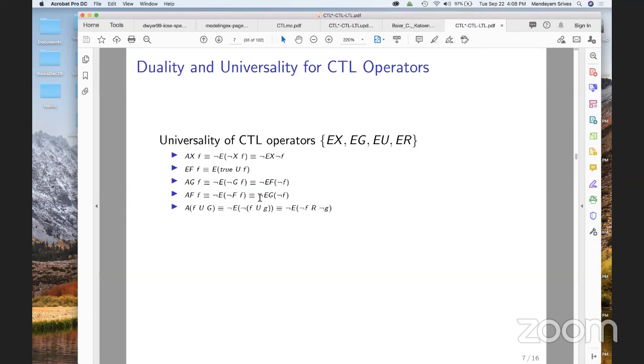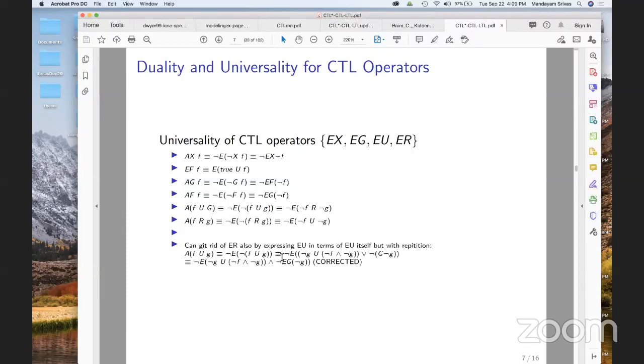So AF once again can be reduced to EG in this fashion. AF of U, you can either do it through R, and you can always replace R with U. So that's why you can get rid of E of R and then do it this way.